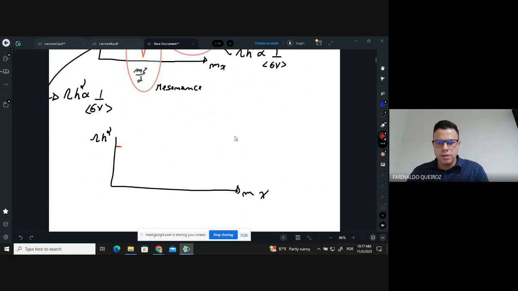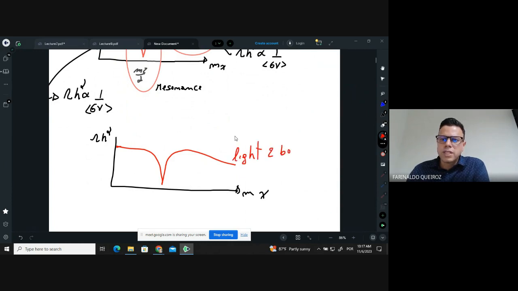Let me do it not as drastic. Okay, so that's a light Z boson. Obviously, the Z boson mass is fixed because it belongs to the standard model, but I'm talking in general, whether it's a Z boson or Z prime or a scalar or whatever. However, if the Z boson was very heavy, the thing will happen to this.